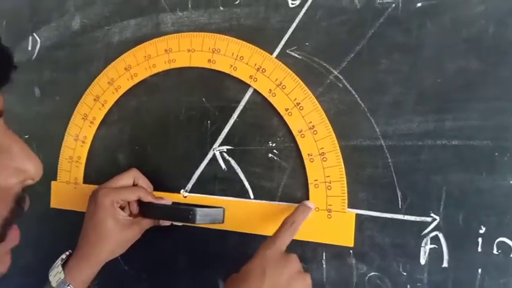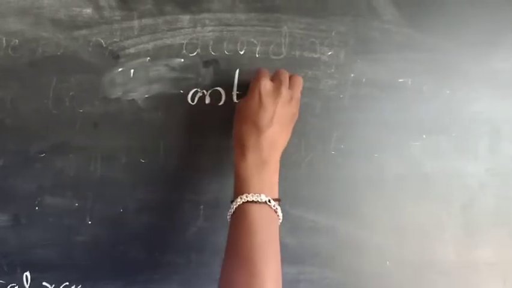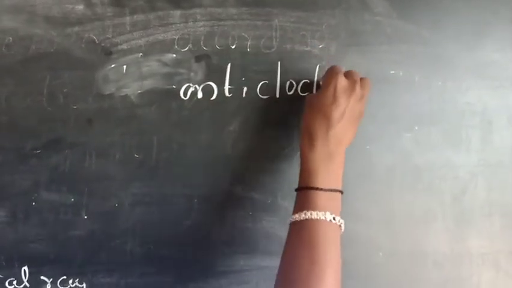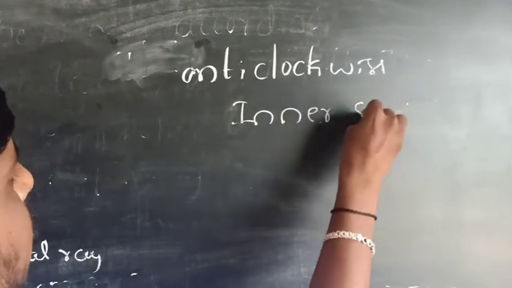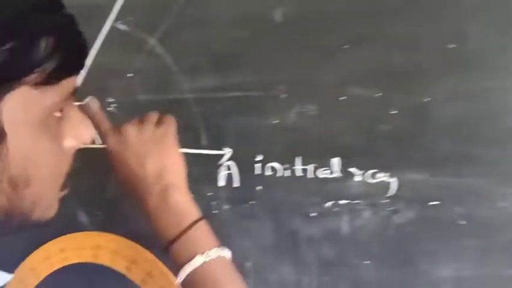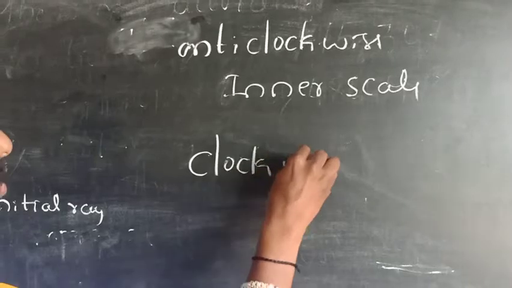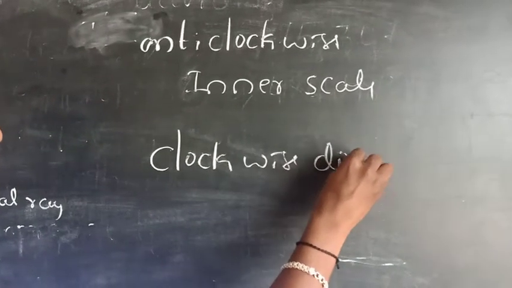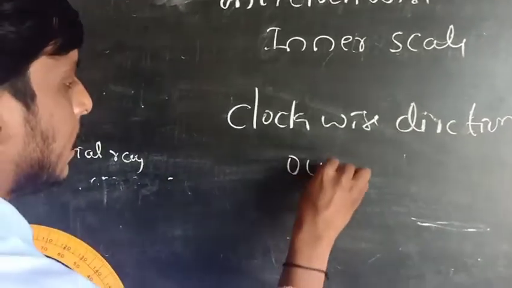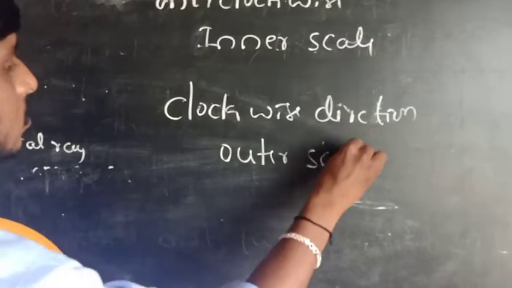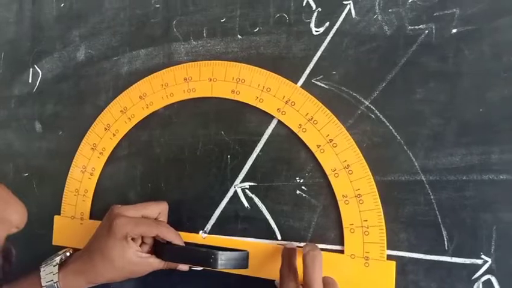One thing to remember: if the direction of the angle is anti-clockwise, use the inner scale. If the direction of the angle is clockwise, use the outer scale. Okay. So here, keep the central point on the vertex B.